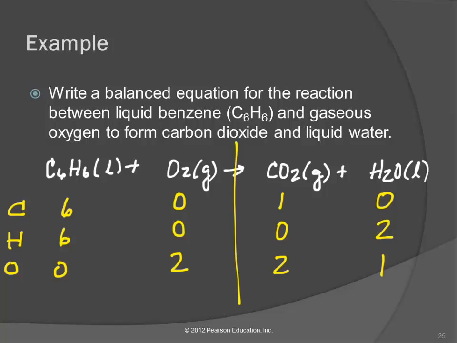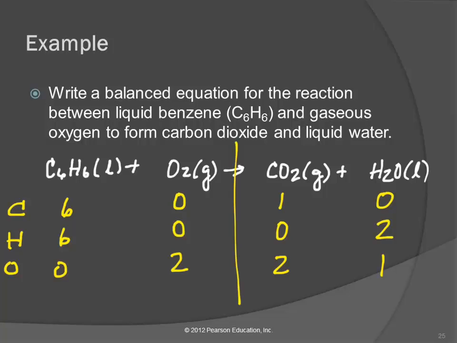Then we look at this, and again we see oxygen by itself, so we're probably going to leave that one till the end, and it's on the bottom of the list, so we were going to leave it to the end anyway. So C6, we've got 6 carbons on the left, we only have 1 on the right. How do we make more carbons on the right?